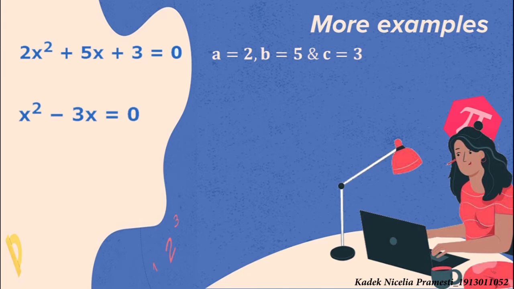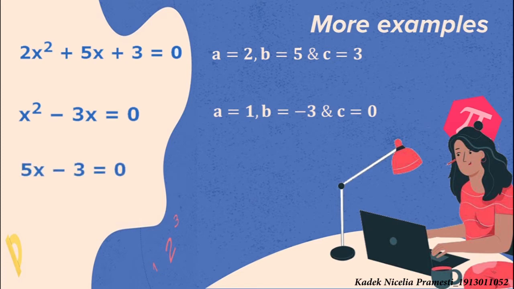This one is a little more tricky. Well, a equals 1, as we don't usually write 1x squared. b equals minus 3, and c equals 0.